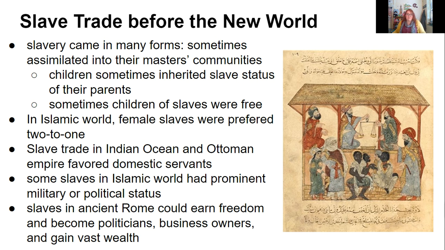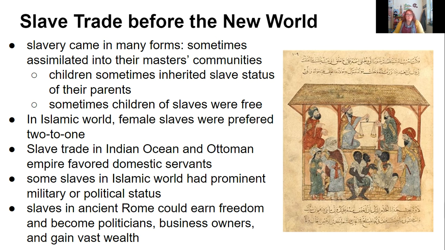It came in many forms. Sometimes the slaves assimilated into their master's community. Children sometimes inherited the slave status of their parents, and sometimes children of slaves were also free. In the Islamic world, female slaves were preferred two to one. The slave trade in the Indian Ocean and Ottoman Empire actually favored domestic servants. Some slaves, even in the Islamic world, had prominent military and political status.